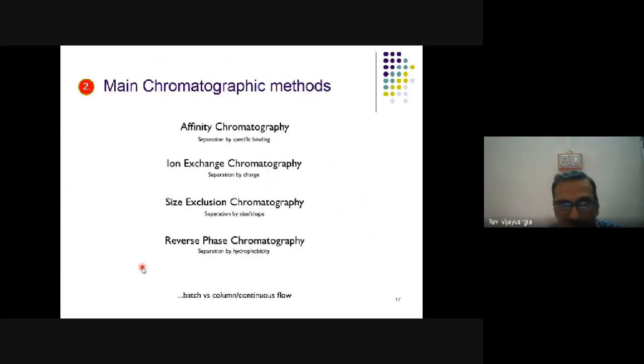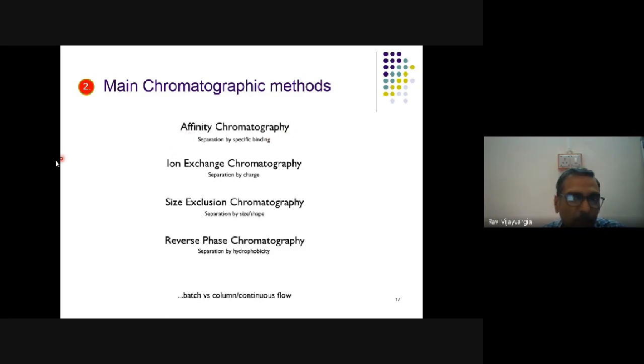And as I said earlier, based on the properties of your protein, you have different choices of chromatography. If your protein has affinity to some specific molecule, or if you have added an affinity tag to your protein, then you can go for affinity chromatography.